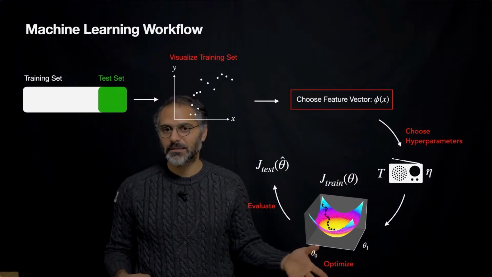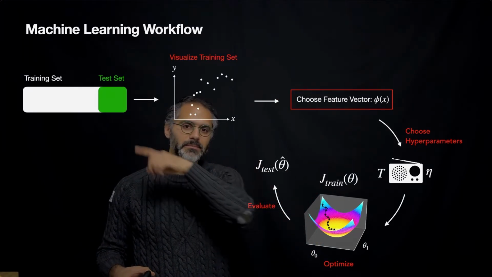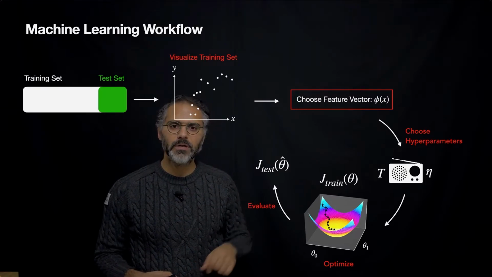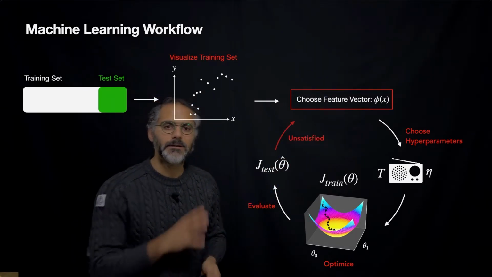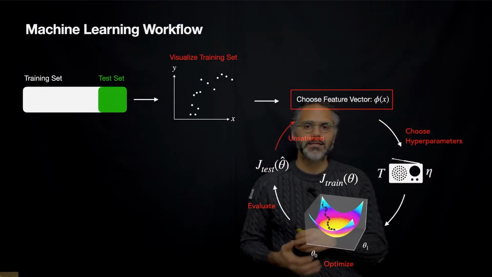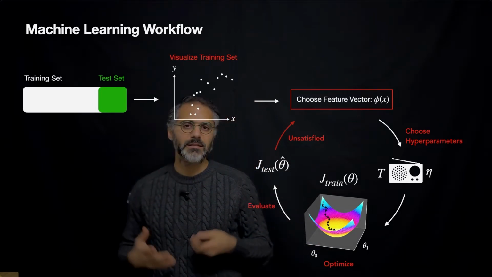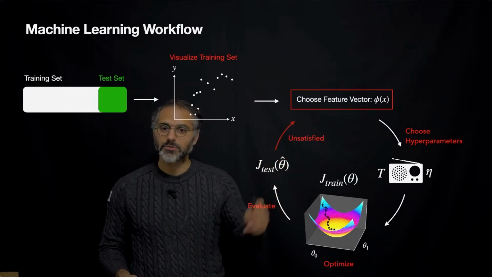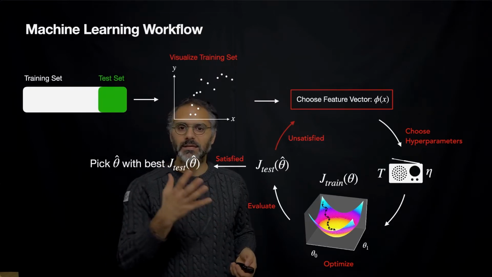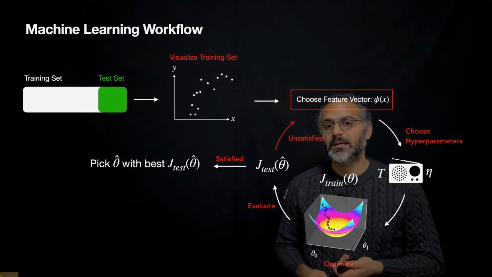If we don't like it, if it seems too large, we're still not at the minimum, we think we can do better. We change phi, we get a new phi, and then we run that cycle again and again until we're satisfied. When we're satisfied, this is the best theta. We've minimized over JTest, and therefore we get theta hat, the theta hat we're looking for.